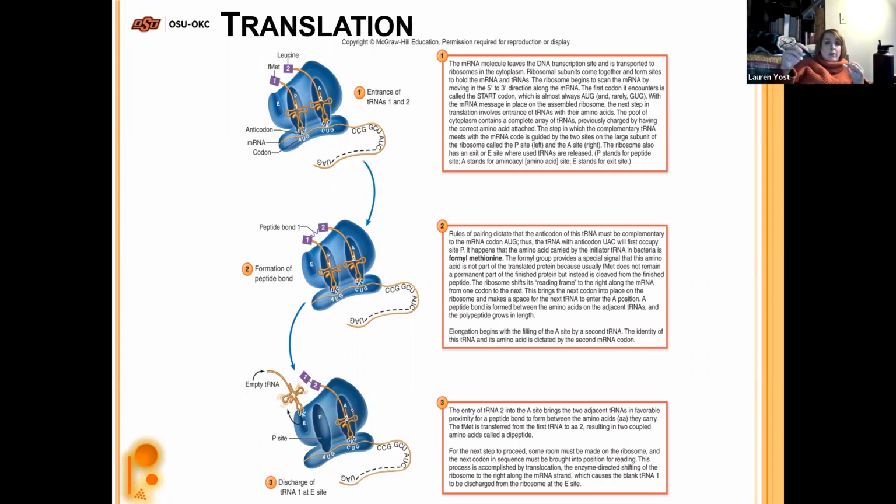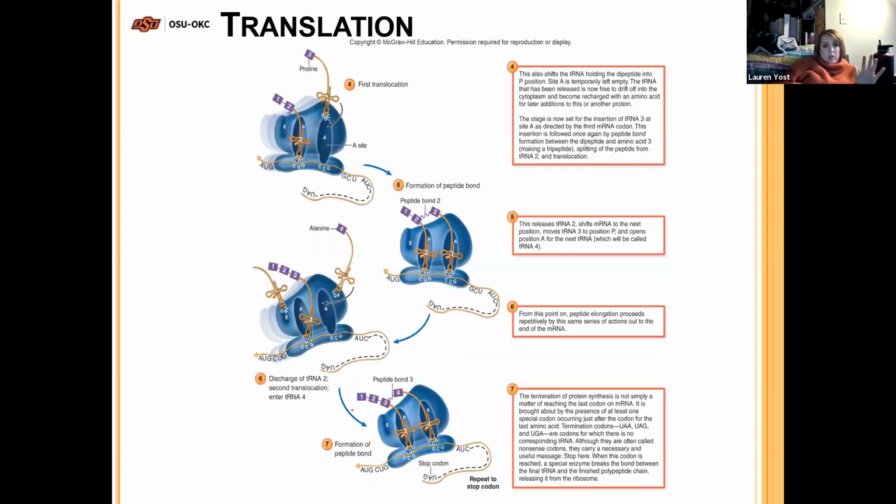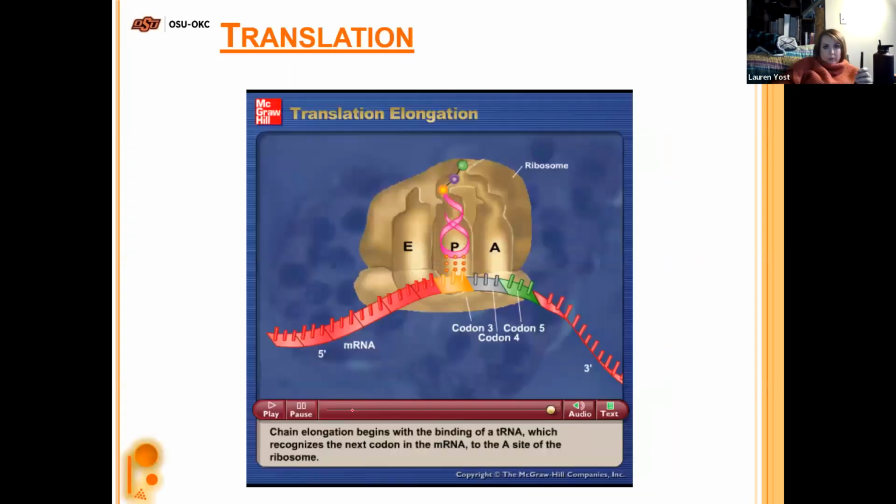If the anticodon matches the codon, then the amino acid associated with that anticodon, and therefore codon, will attach to the protein that it's making. They'll keep going and attaching until it gets to a stop. The stop literally just tells it we're done. You can read through this if you would like to, but it's a lot of words. There's a video, which I think will be more useful. That's what I'm trying to get to.